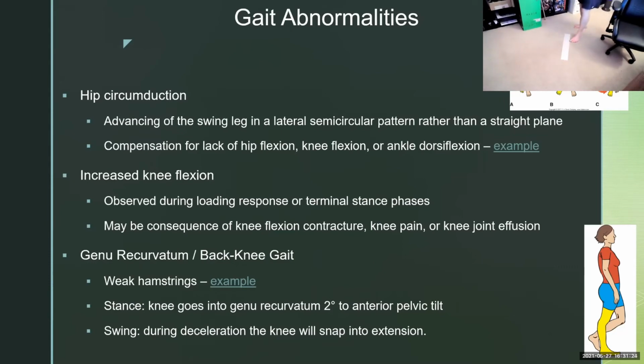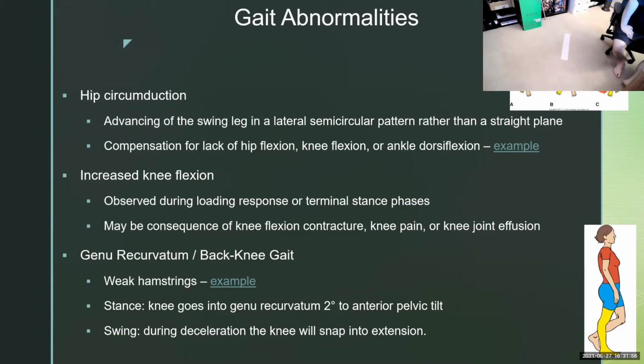Because if I'm in loading response and I'm not straightening my knee, I'm going to be dropping as I walk. So that means we need to stretch the knee out. We're going to need to stretch that hamstring, stretch the hemi, and get the swelling down. How could we get swelling down? What could we put on the knee? Ice. Ice, good. Which other modality could we use? Compression. Okay, we can use some E-stim, good.